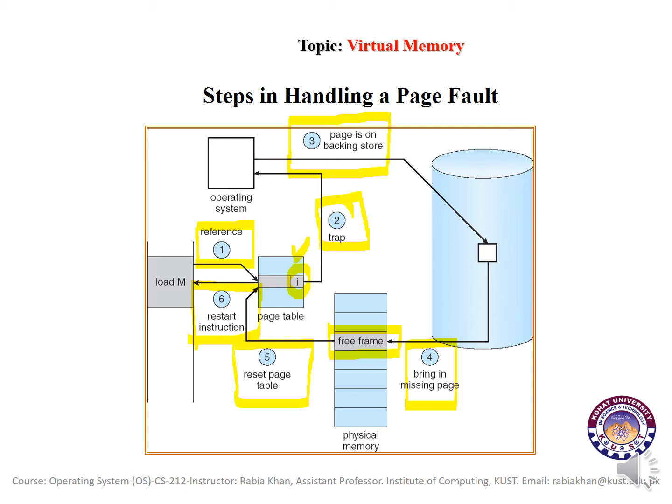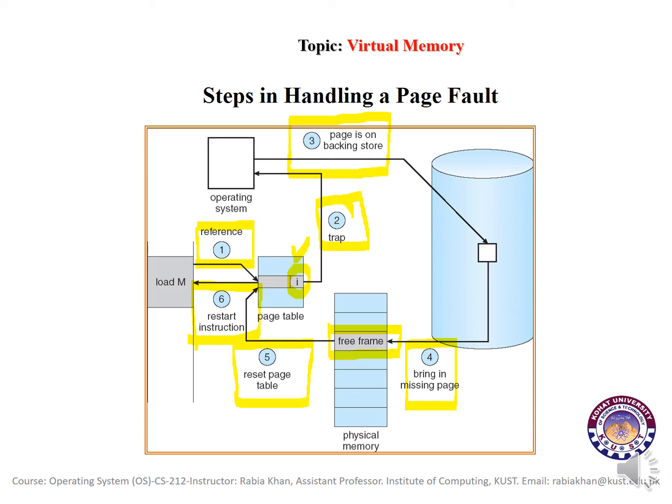Not the complete page is restarted, only the specific instruction that has referenced this new page gets restarted so that the instructions within the new page can be timely executed. So this is how a page fault is handled by the operating system.